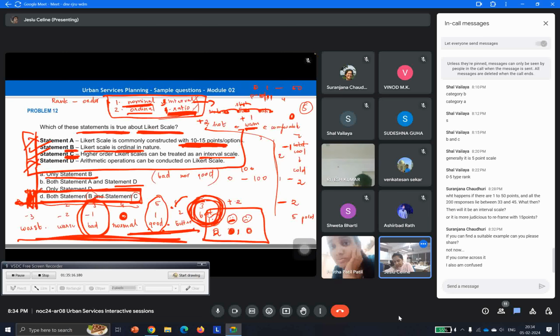Statement B we discussed: Likert scale is ordinal in nature. It has an order. We can do ranking in Likert scale. So that is also a correct statement. And it can be treated as an interval when we have higher order Likert scale. Those are also correct, which means statement B and C both are correct. So if both are correct, option D is the one which says both statement B and statement C are correct.